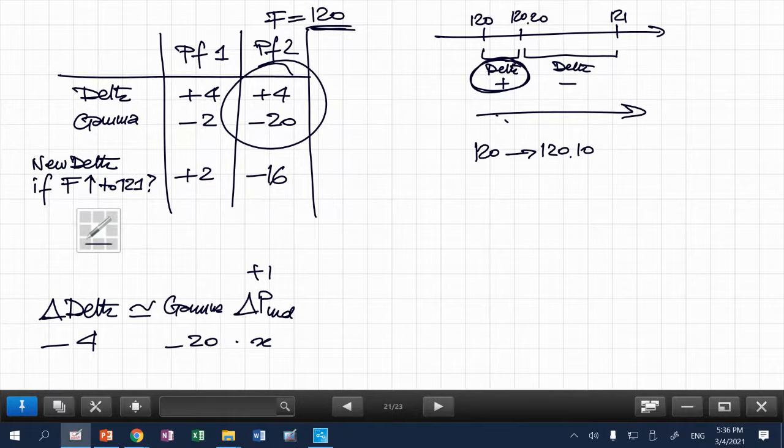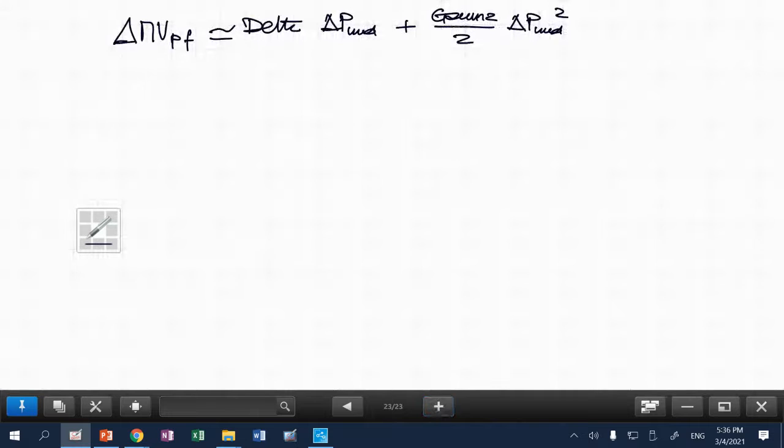How can we possibly check it? One way to check it could be to use this formula.